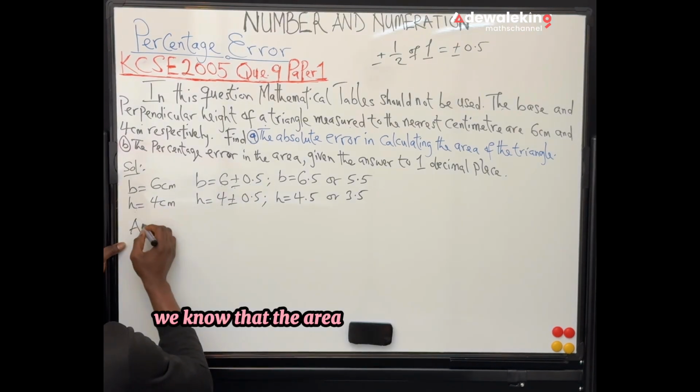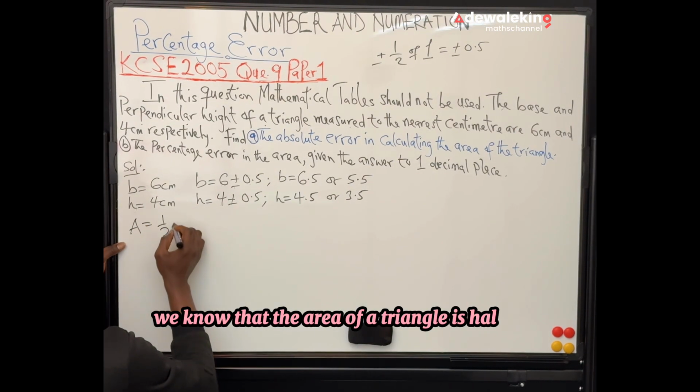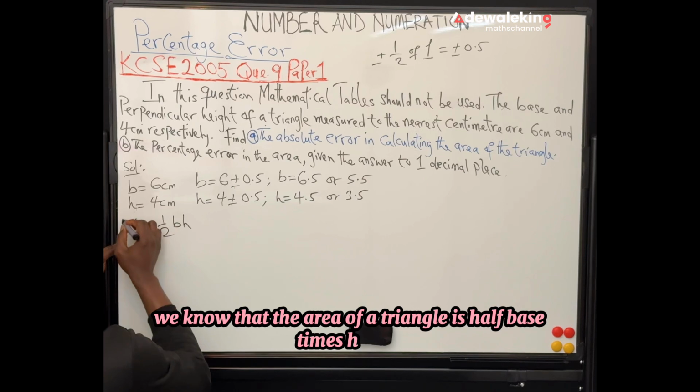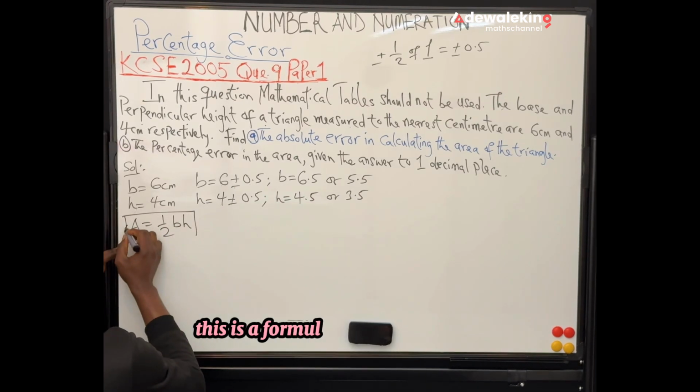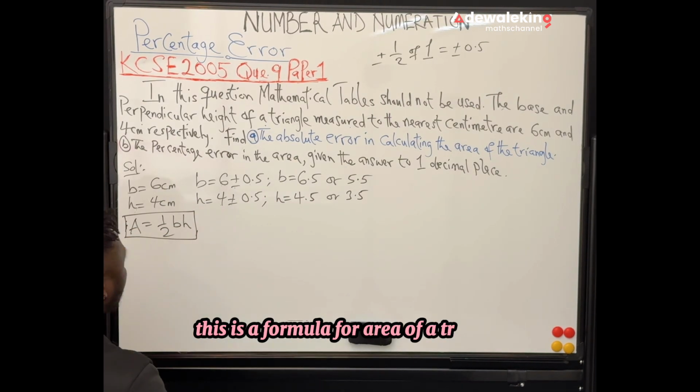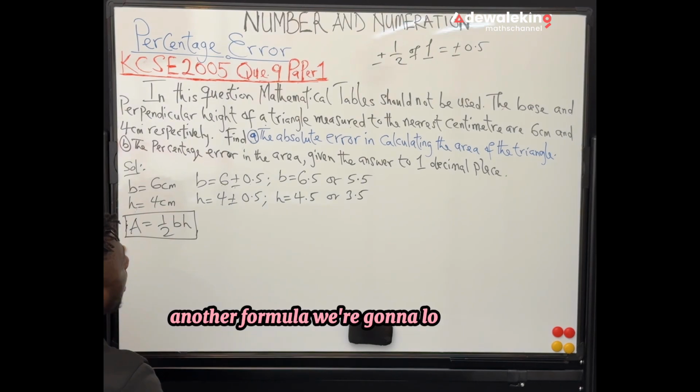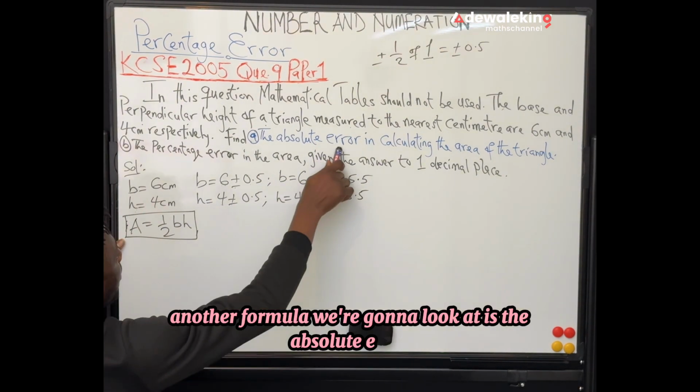So to find the absolute error in calculating the area of the triangle, we know that the area of a triangle is half base times height. This is the formula for the area of a triangle. Another formula we're going to look at is the absolute error.